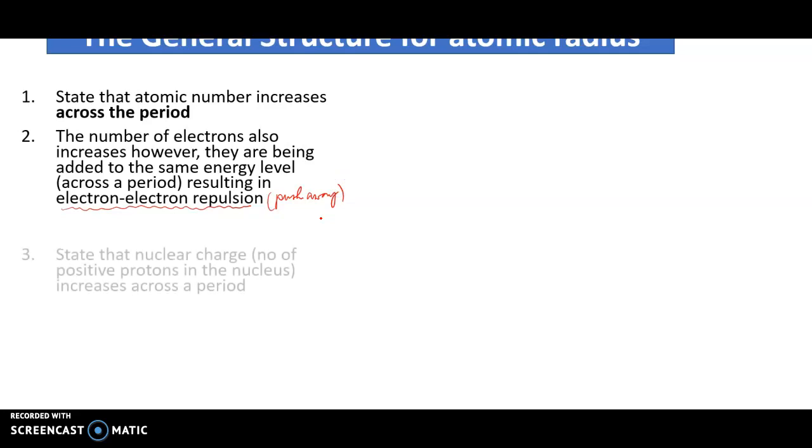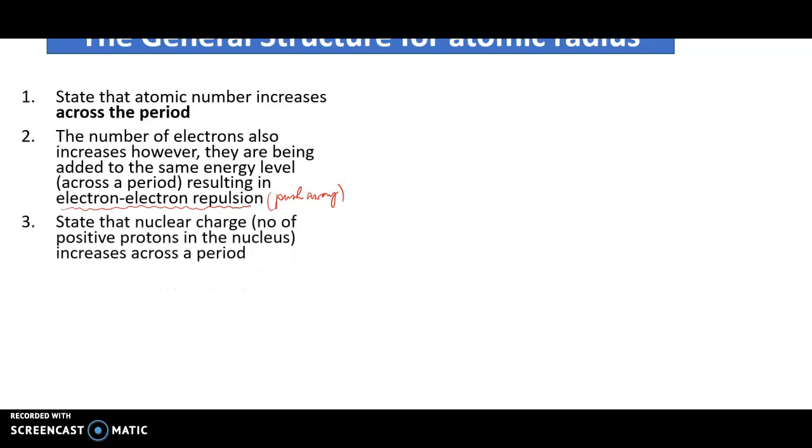The next thing you want to state in your answer is, so you've dealt with the number of electrons, now you also want to deal with the nucleus and what's happening there. So you state that the nuclear charge, a phrase for the number of positive protons in the nucleus, increases across a period.